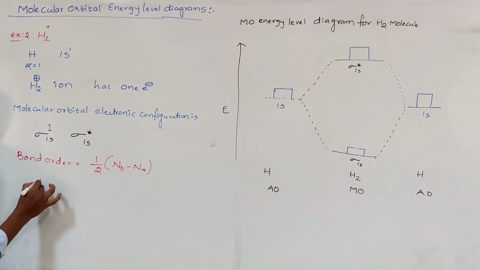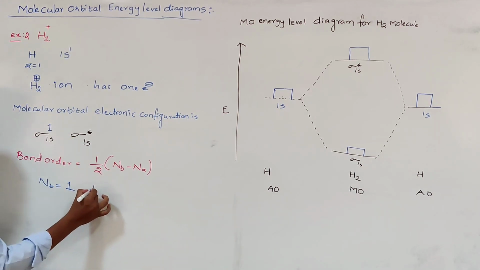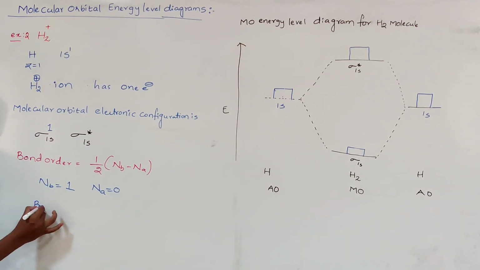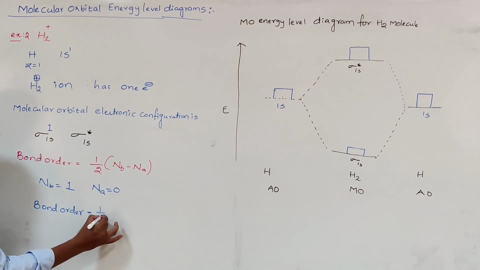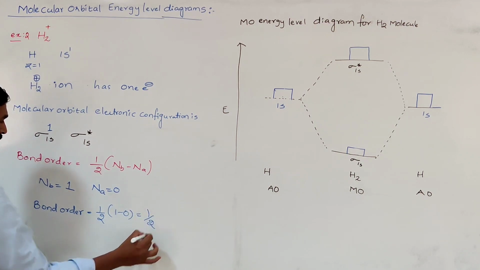Then for the bond order, Nb, the number of electrons in the bonding molecular orbital, is 1, and the number of electrons in the anti-bonding molecular orbital is 0. Then the bond order is equal to 1 by 2 into 1 minus 0, that is 1 by 2.